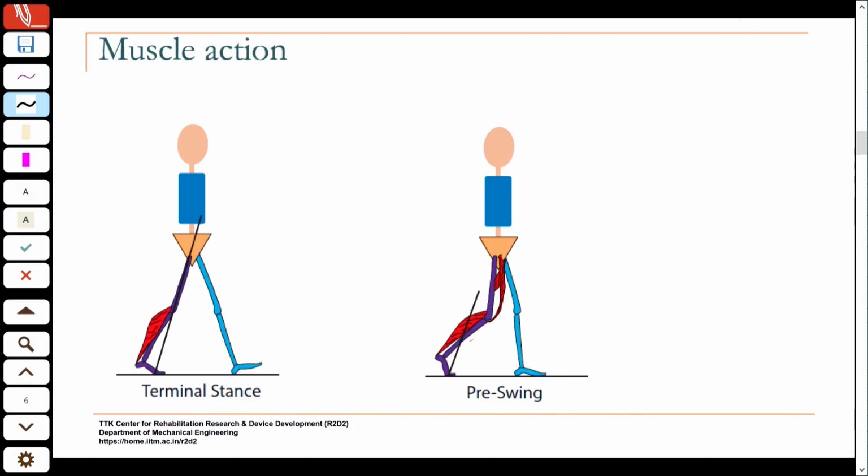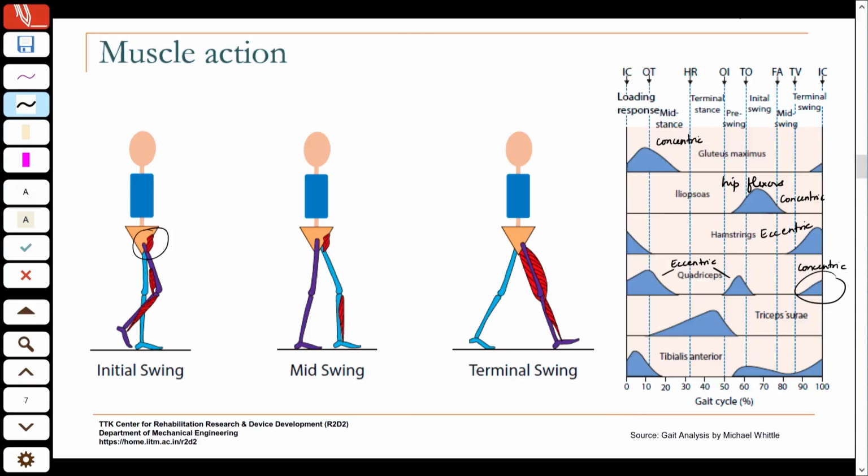Okay. So, that activity is concentric activity, because you are causing active plantar flexion of the ankle to push against the ground and generate the forward propulsion.